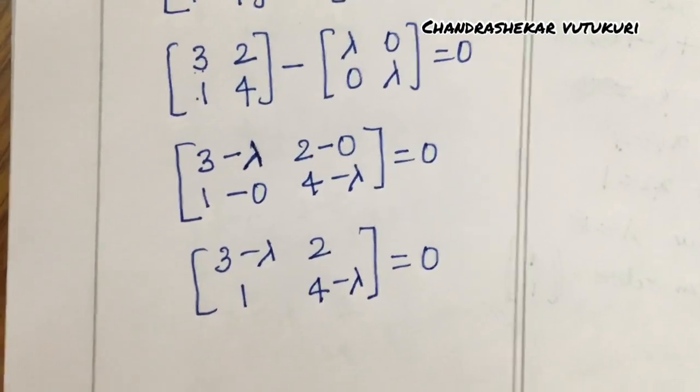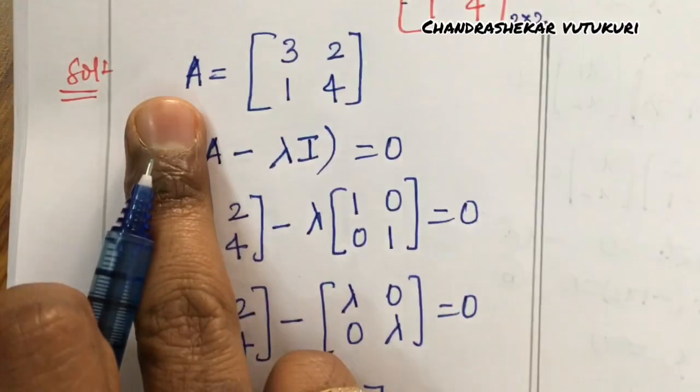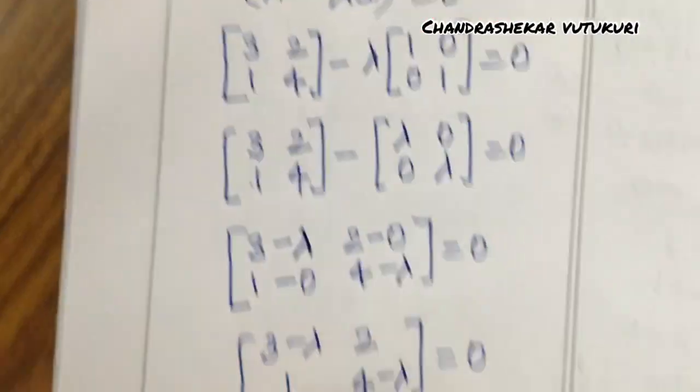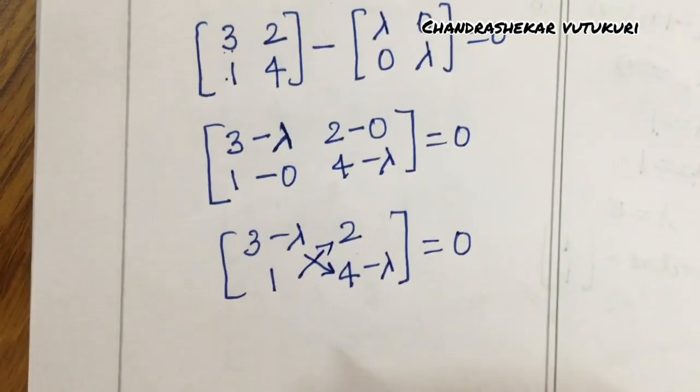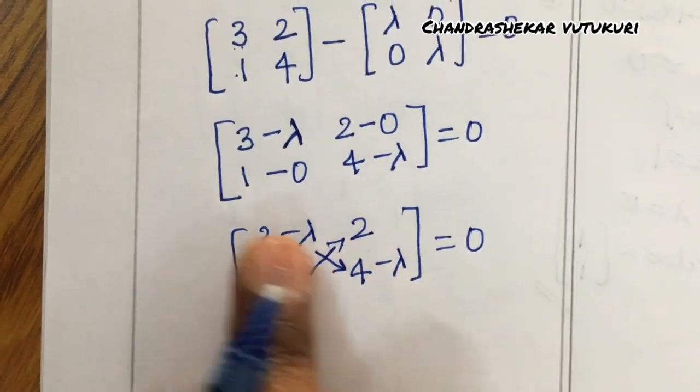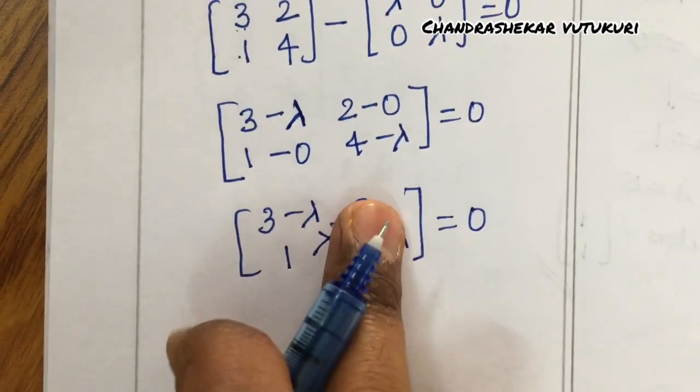This is the matrix which we got from matrix A by applying this formula. Now, we are supposed to work out the determinant of the matrix to get the characteristic equation. How to work out the determinant of a matrix, dear student? AD minus BC rule, isn't it?